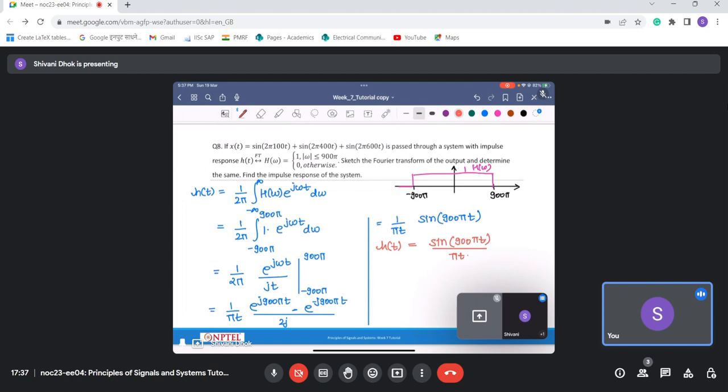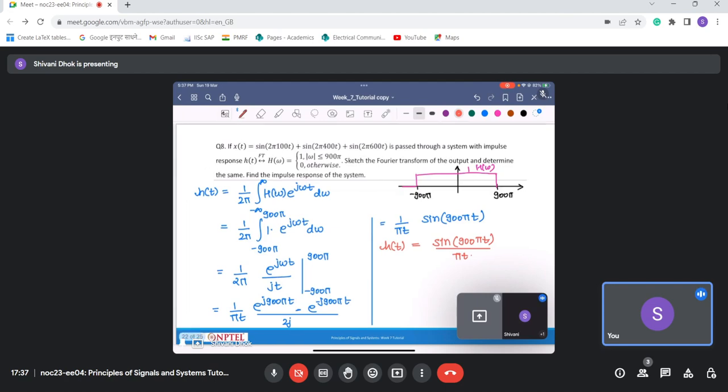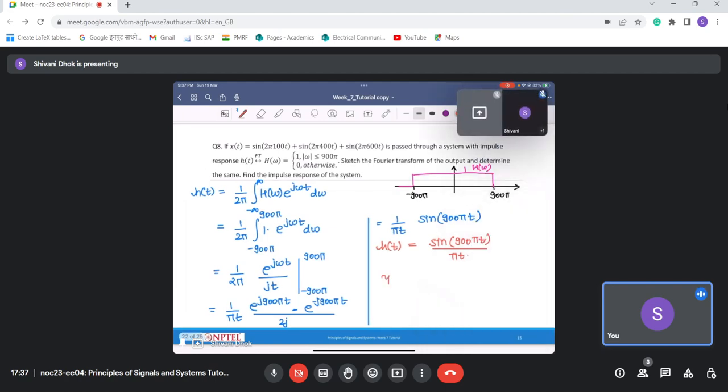Now when we are using this LTI system, y of t is equal to x of t convolved with h of t. Look at this signal that we have been given.